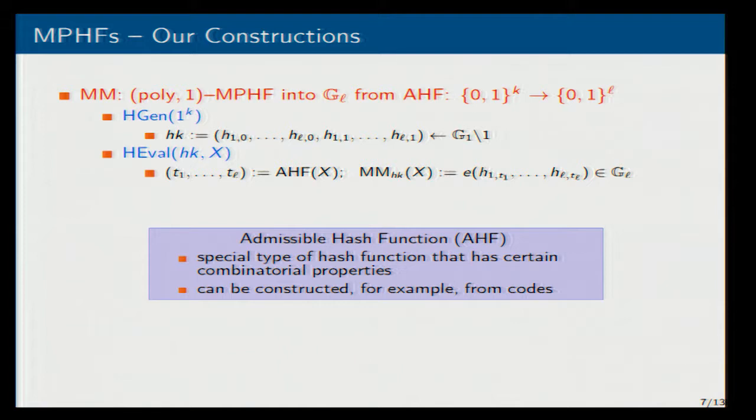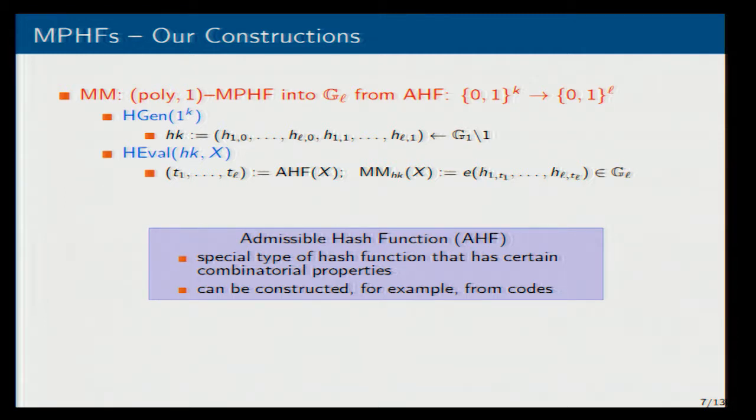So let me show our construction. First, I will show our construction for poly 1 MPHF into GL. And as an ingredient, we use an admissible hash function from K bits to L bits. The key for our MPHF consists of 2L group elements, where these elements are from G1.